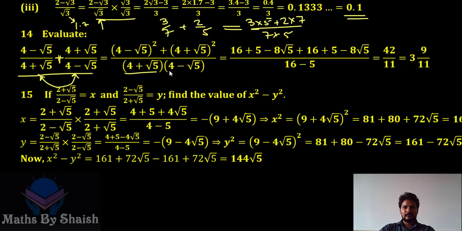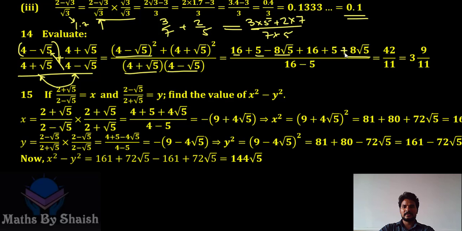So 4 plus root 5 into 4 minus root 5, and then 4 minus root 5 would be multiplied by this 4 minus root 5, then it becomes a square. Similarly, plus 4 plus root 5 whole square here. And then we use the a minus b whole square identity, 16 plus 5 minus 8 root 5 and plus 16 plus 5 and minus 8 root 5. Oh sorry, it is plus 8 root 5.